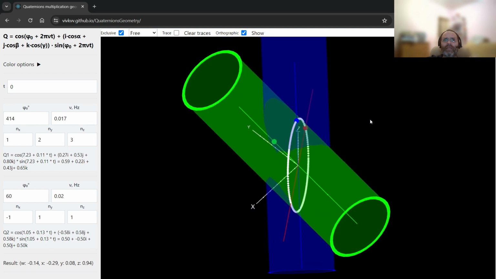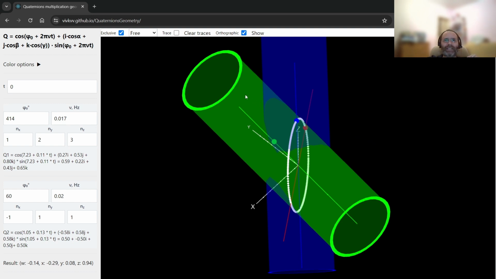So the resulting quaternion moves within some plane. The resulting quaternion does not leave this plane. The plane intersects with the cylinder, and the intersection of the cylinder with the plane gives an ellipse.